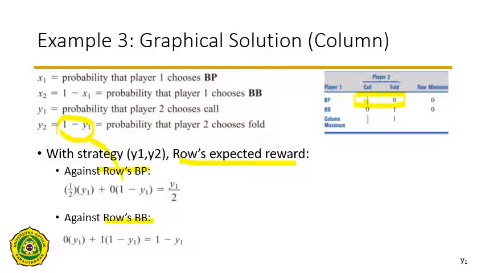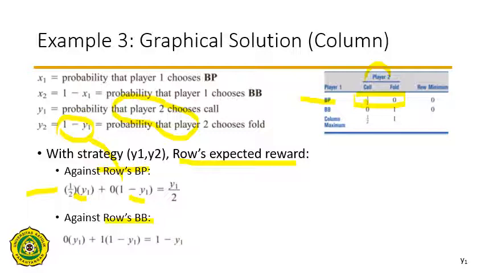This is the row player's reward if he plays the strategy BP, with respect to the strategies of the column player. You can see this is the expected reward for the row, but the variable is the probability of player 2's strategies.